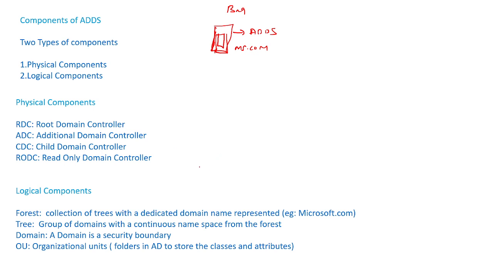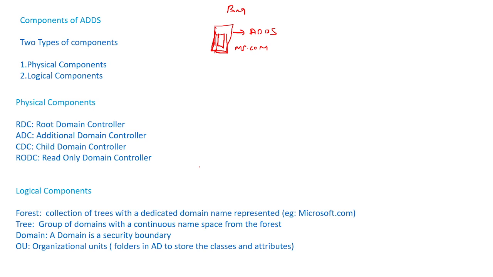Since this is the first domain controller of microsoft.com which is deployed in the Bangalore location, and that physical server is present in front of you, or if it is a virtual machine, no problem, you can see it in the VMware console, that is called the root domain controller, because that is the root.